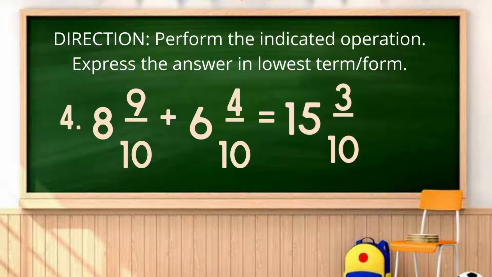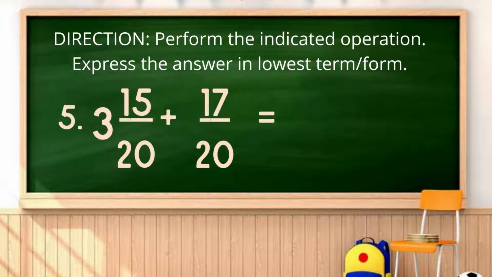15 and 3/10. For the last number, the given are 3 and 15/20 plus 17/20 is equal to. Timer starts now.